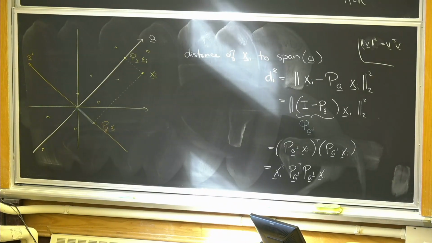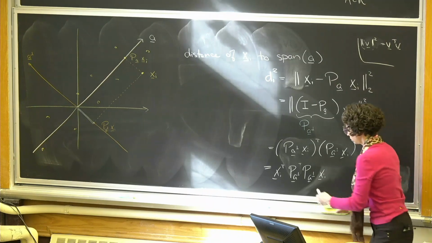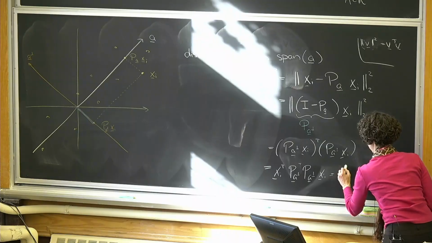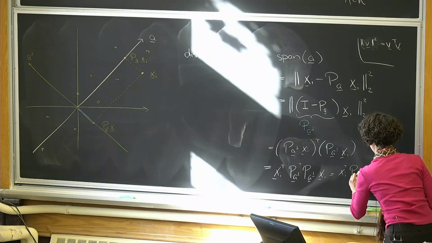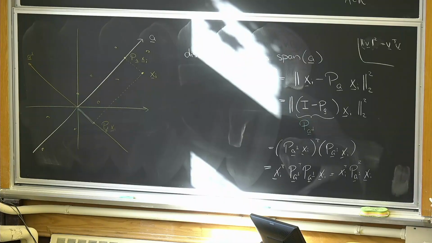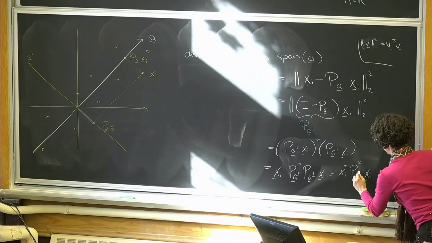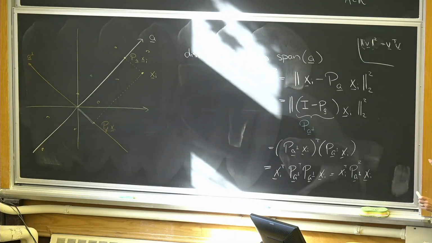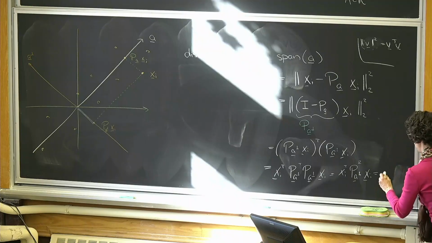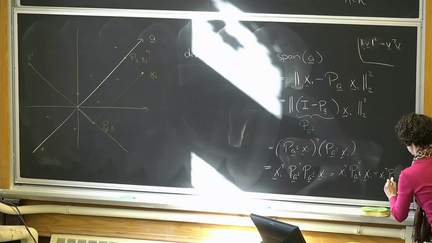Now we can use the fact that this corresponds to xi transpose PA perp squared xi. And what did we say about squaring projection matrices? Same as a single projection. So now we've got xi transpose PA perp xi.